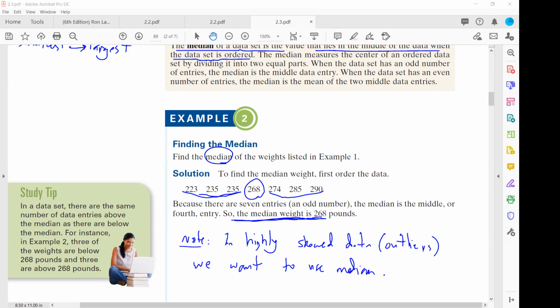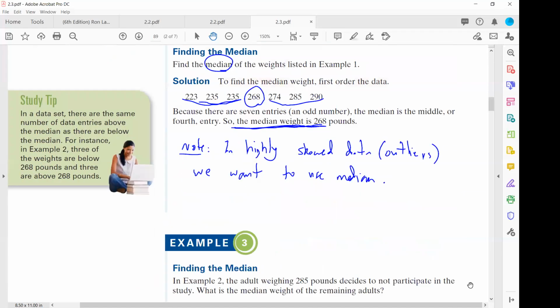It would be the middle number between the third and the fourth entry, correct? So let me explain that by using a different example. Is it going to be the third one plus the fourth one divided by 2? Exactly. You have to find the midpoint.